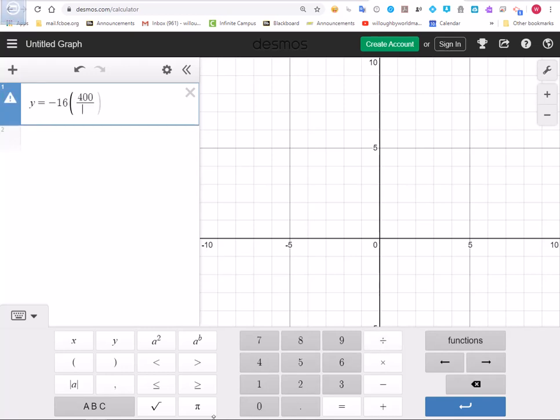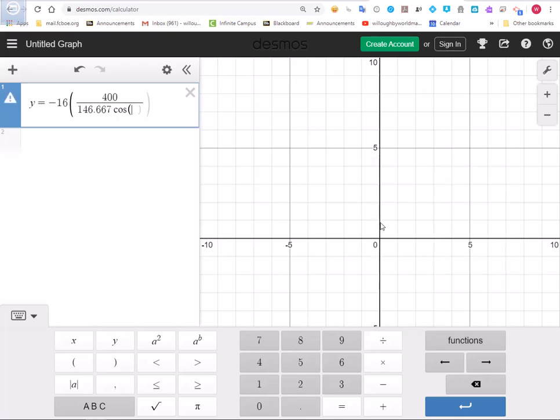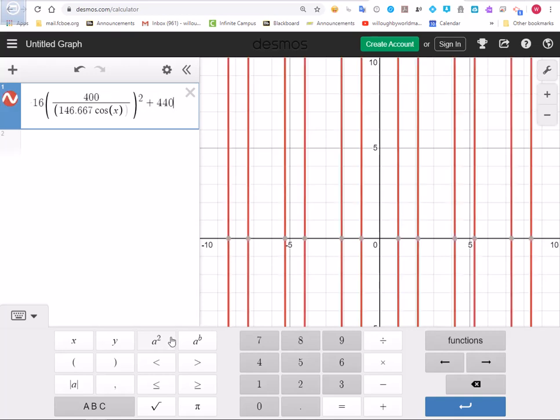And this is 146.667 cosine of x, and all of this squared. Then we're going to do plus 400 tan of x.